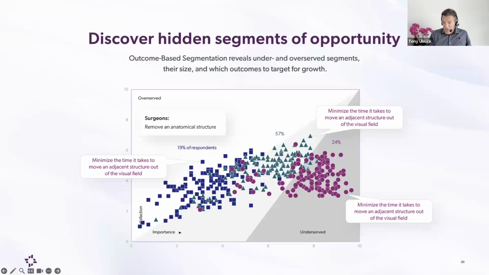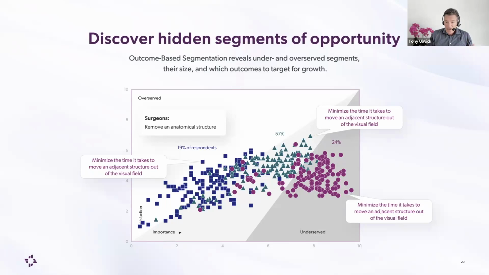But if the patient's obese, suffering from multiple comorbidities, have adhesions that are hard to get through, and to move the adjacent structures out of the visual field, could be highly underserved. Excuse me. Same outcome, underserved in certain segments, overserved in others, appropriately in yet another.